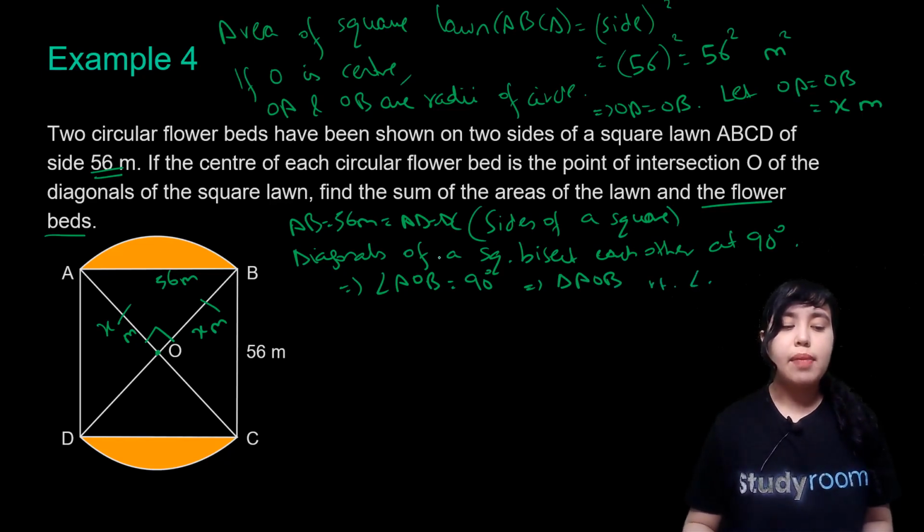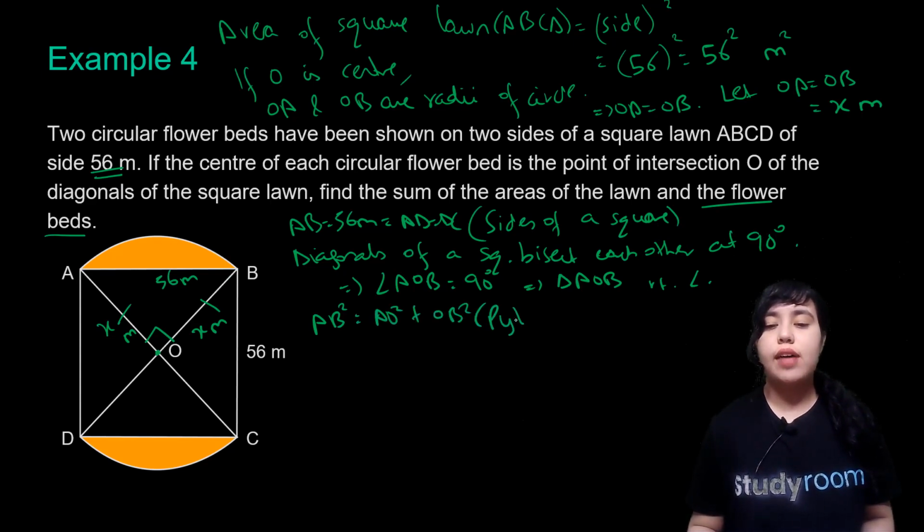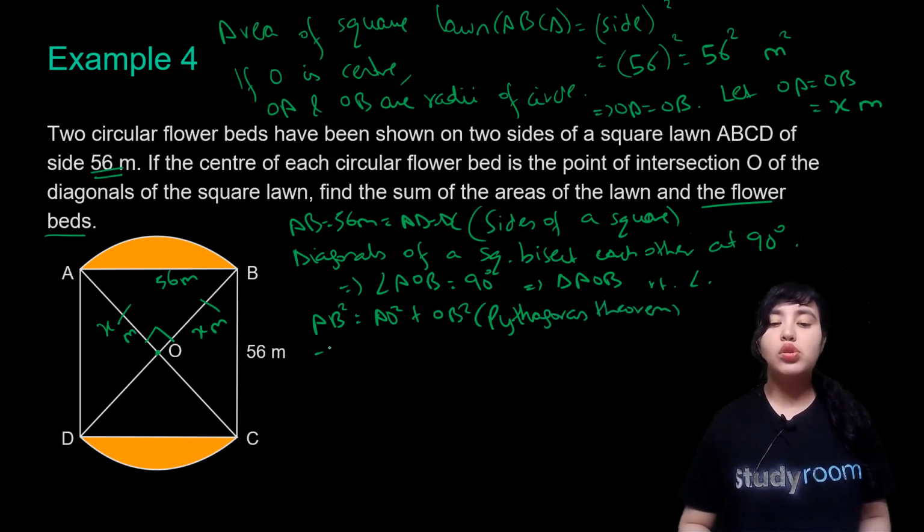So here you can apply Pythagoras theorem. So what is the hypotenuse here? Side opposite to the right angle, that is AB. So I can say AB square is equal to AO square plus OB square, because I have applied Pythagoras theorem over here. Then my AO and OB were assumed to be x. So I'll write x square plus x square is equal to AB square, which is 56 square.